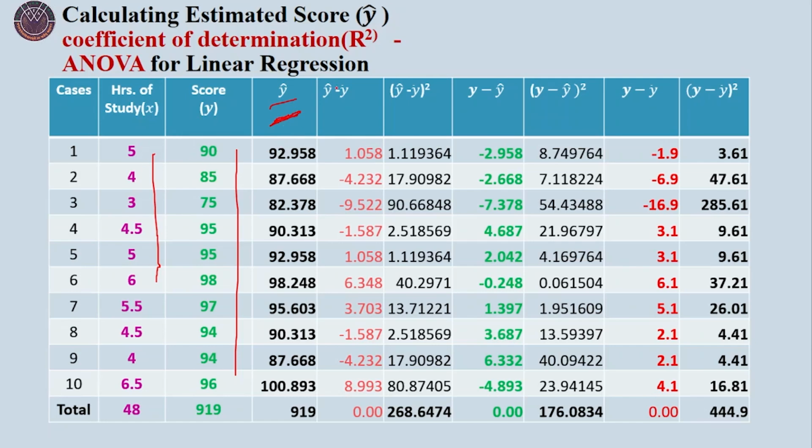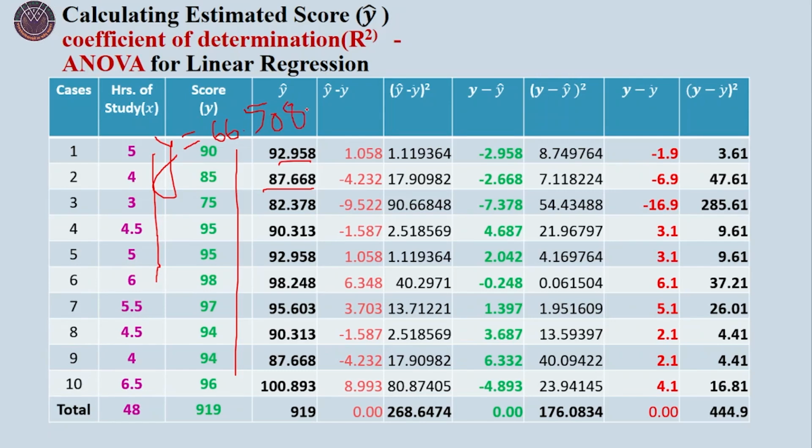For x equal to 5, the predicted value is 92.958. Similarly, for hours of study 4, we get a predicted value of 87.668. We get this from the equation y equal to 66.508 plus 5.29 x.